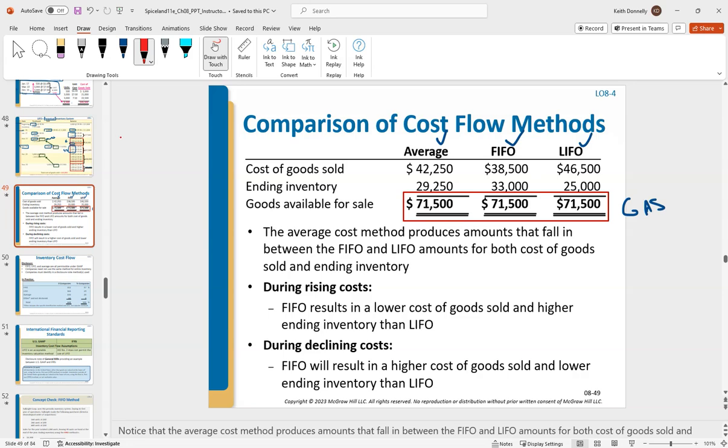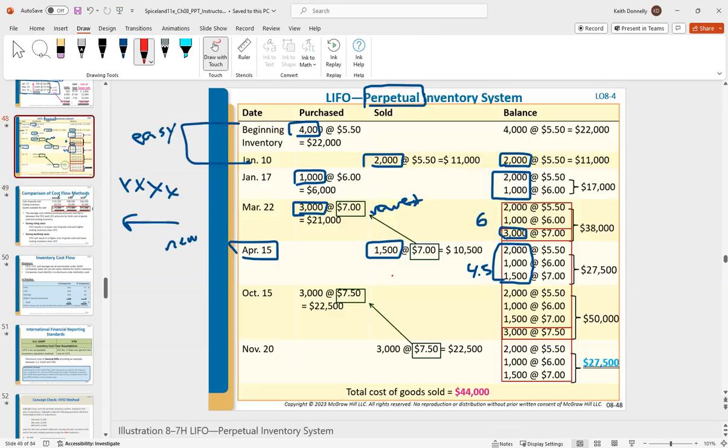During rising costs, here's our beginning inventory. We make some more purchases, and that's our goods available for sale. Say that during that time frame prices keep going up, and each new purchase is more expensive. That's what happened in this case: it's going from 550 to 7 to 750.